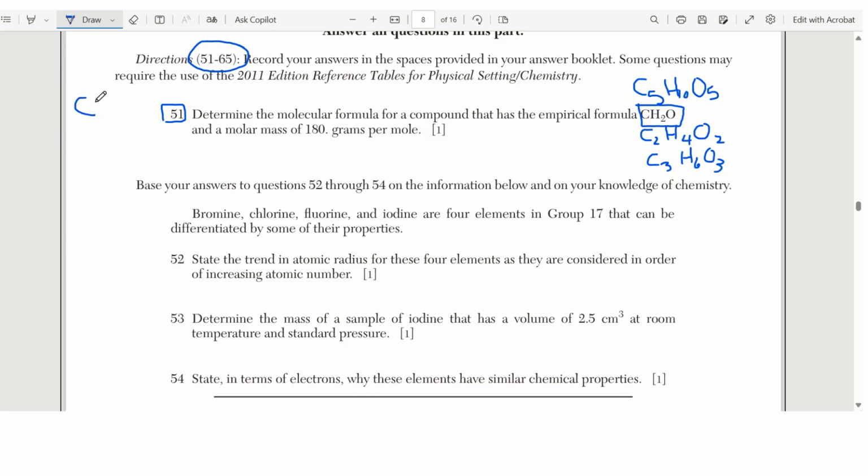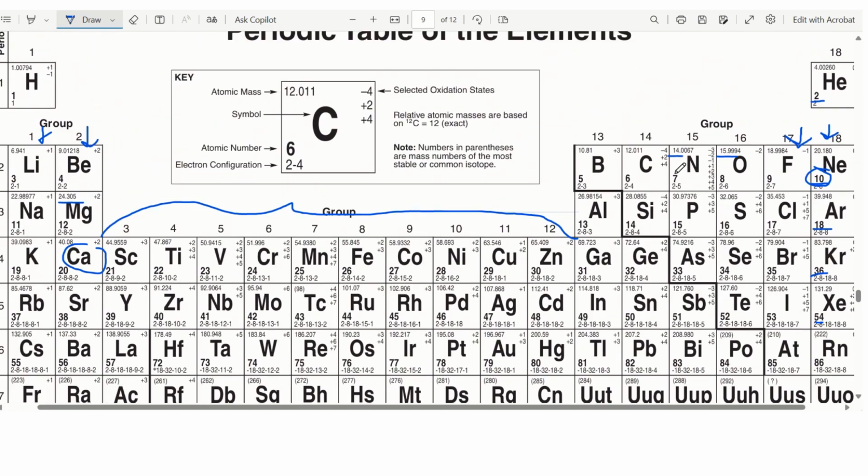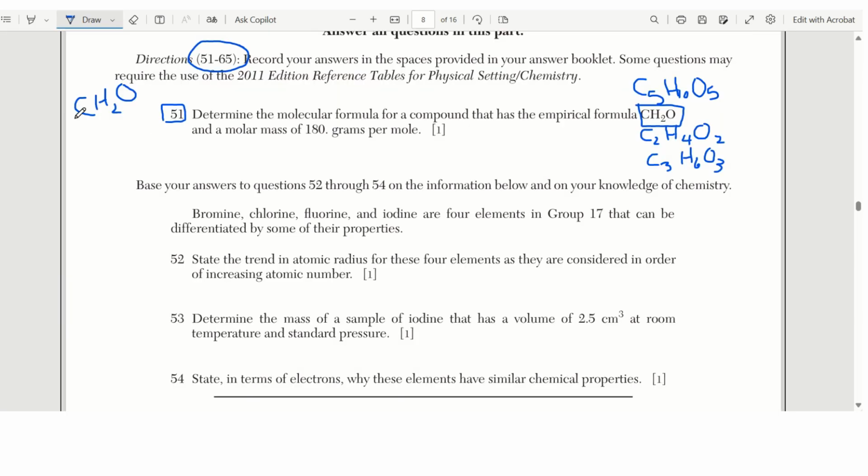So I'm going to take the CH2O and I'm going to find the molar mass or gram formula mass. So I need the periodic table, and the molar mass of carbon is 12, of oxygen is 16, and of hydrogen is 1. So carbon is 12, hydrogen is 1, but times 2, right? And oxygen is 16.